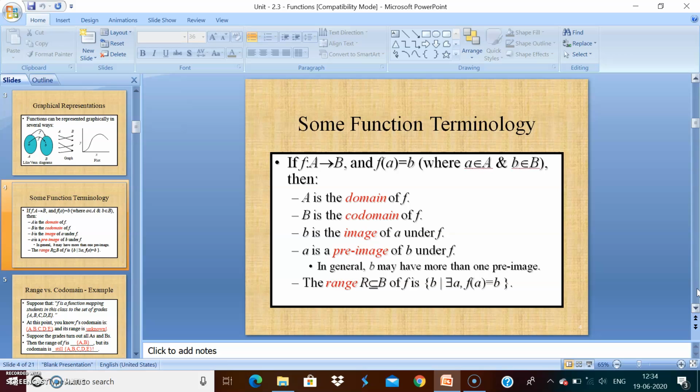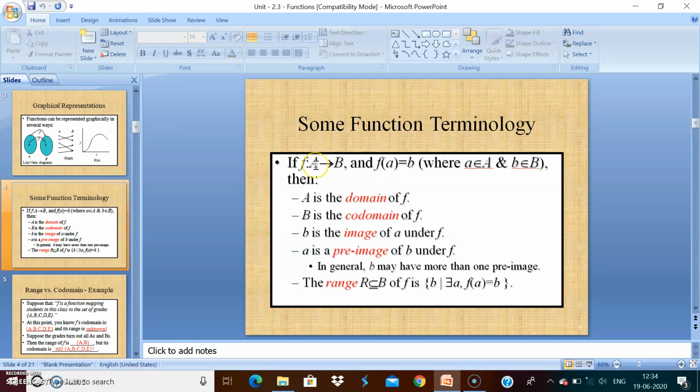Now the terminology of the graphs and functions. Let A, B both be non-empty sets. The function f from A to B means that b equals f(a), where a always belongs to capital A and b belongs to capital B. A is the domain of f and B is the codomain of f.